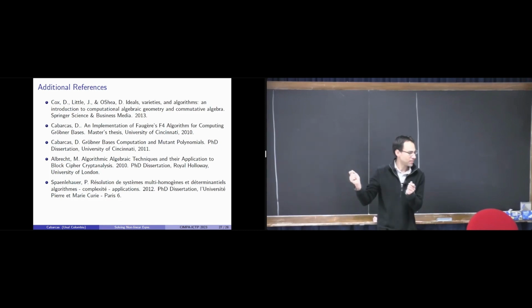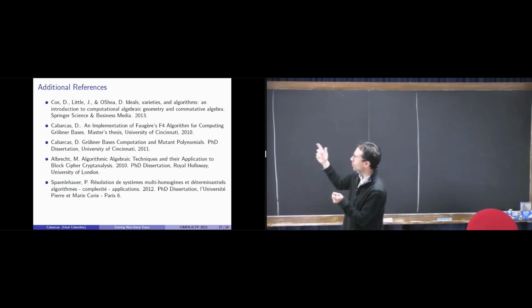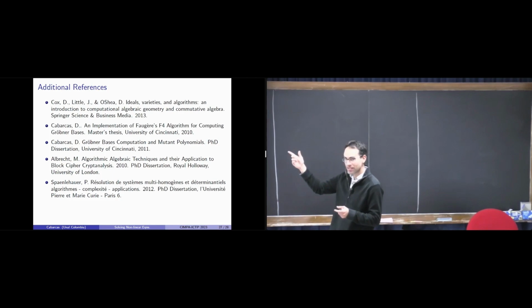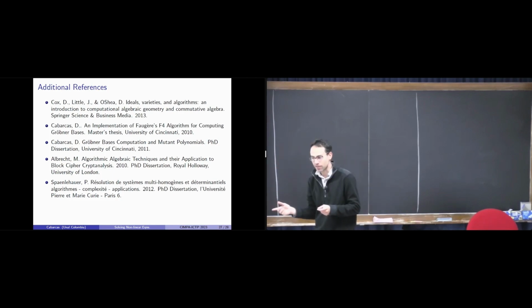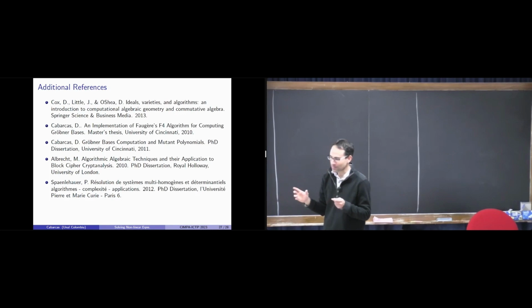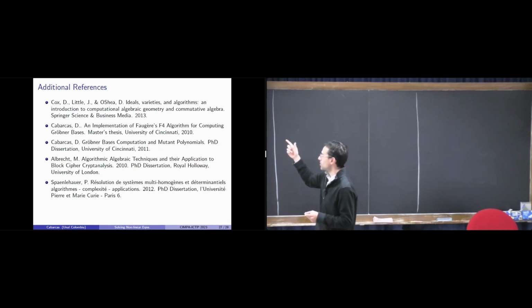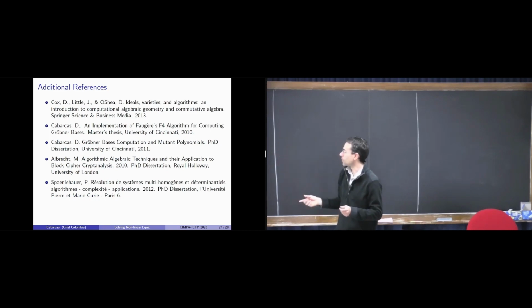These are the book by Cox, Little, and O'Shea, Ideals, Varieties, and Algorithms. Then my master's thesis is about the F4 algorithm, so these additional references give you more insight into some of these topics. Then there is my PhD dissertation, which is about computation of Groebner bases and mutant polynomials.